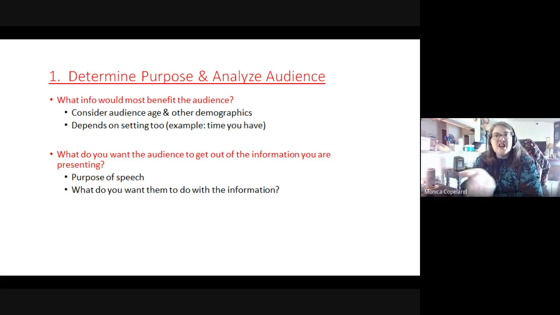But this means generally anytime you give a speech, think about the audience. What do they need to learn from me? So what info would most benefit my audience? And what do you want them to get out of your speech? So when I'm done telling them about Bengal cats, I want them to know more, or I want them to go out and advocate for Bengal cats, whatever it is.